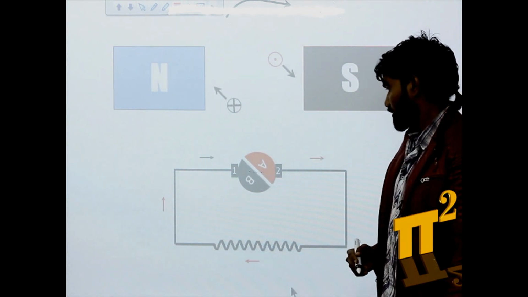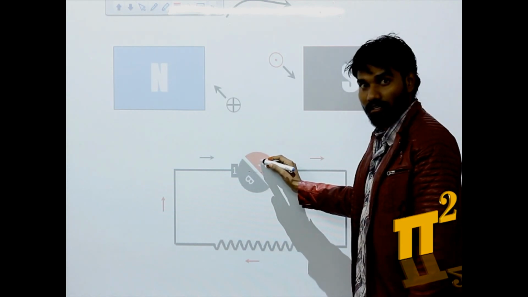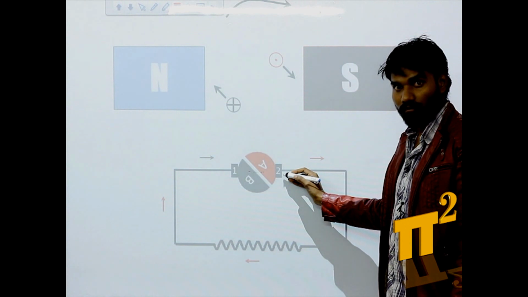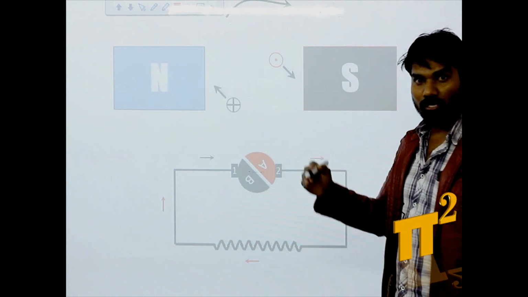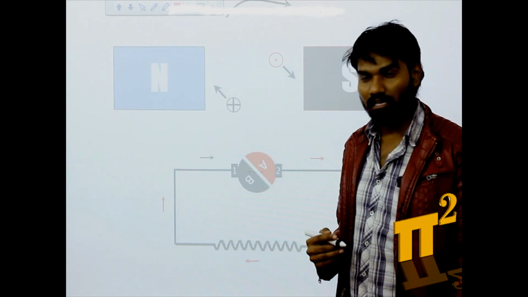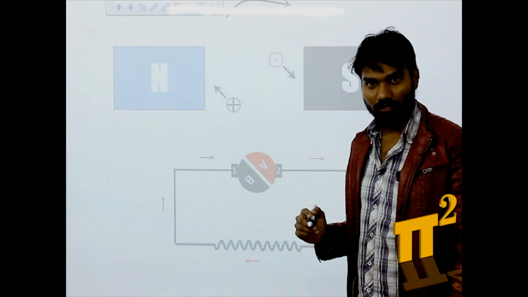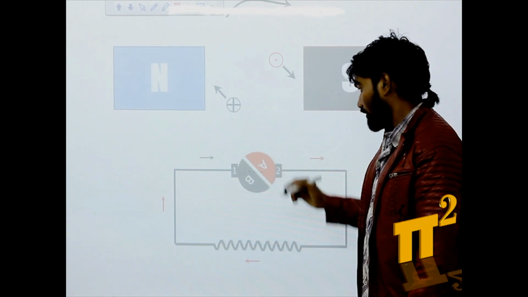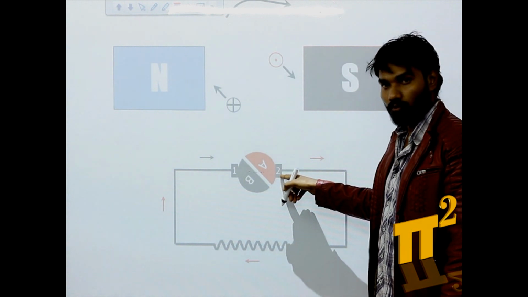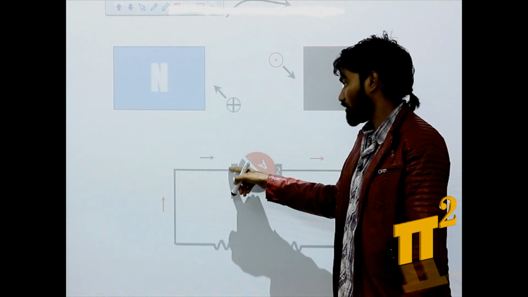Now if you notice, this red part is in contact with brush 2, unlike in case of slip rings. In case of slip ring type, what we had is red part was always in connection with brush 1. But here, this red part is now in connection with brush 2, and this black part is now in connection with brush 1.